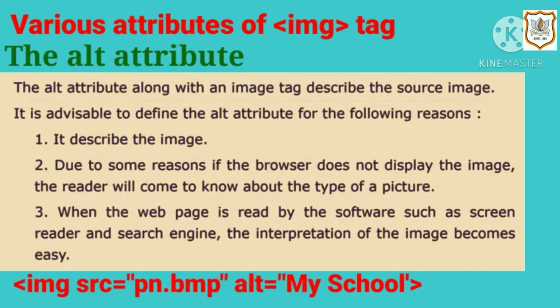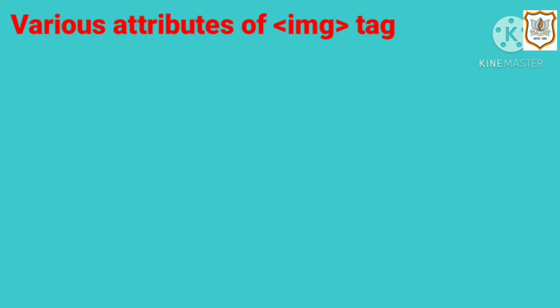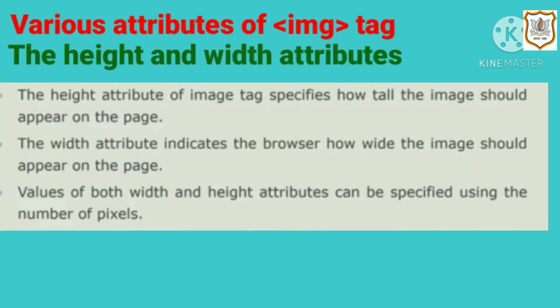Example of the alt attribute is img src equal to pn.bmp alt equal to my school. Next attribute is the height and width attributes. The height attribute of the image tag specifies how tall the image should appear on the page.